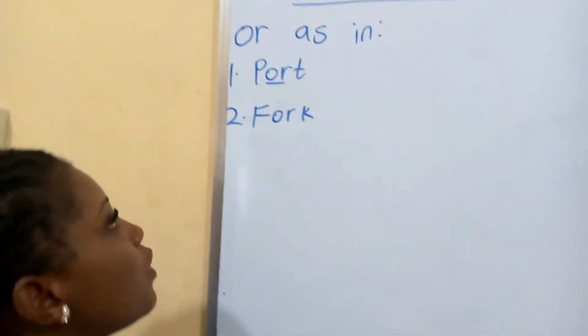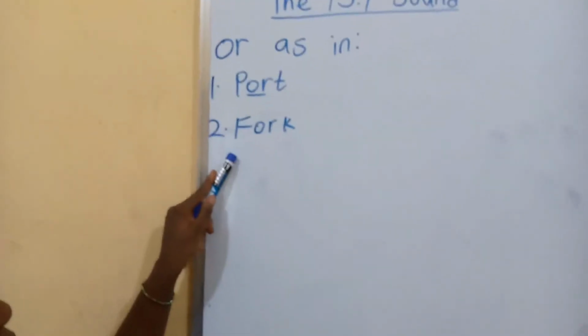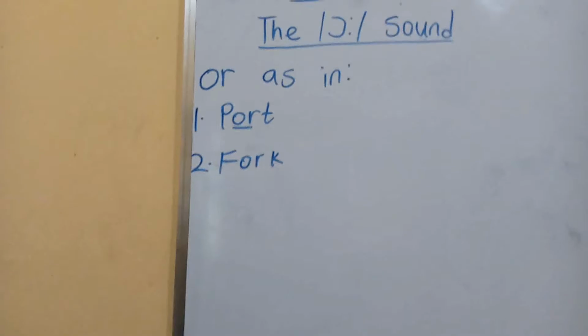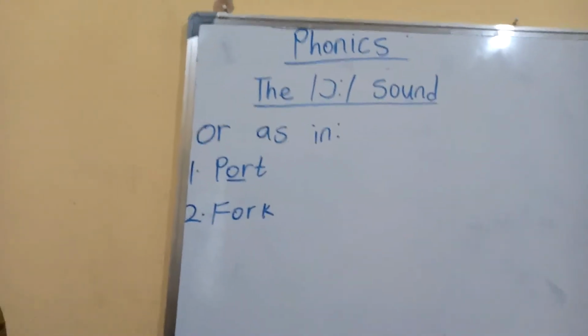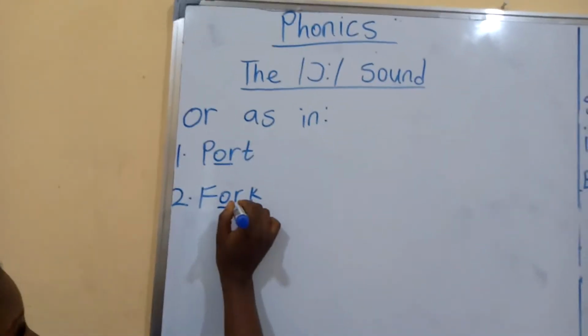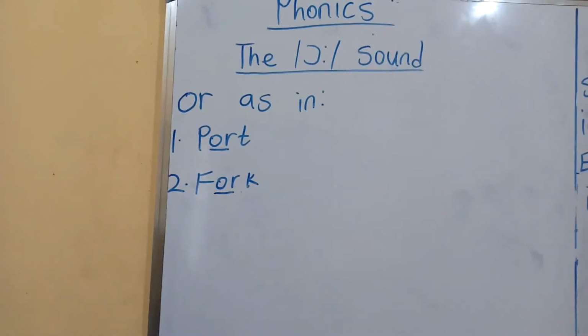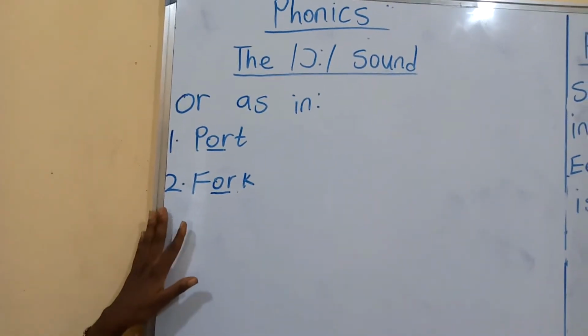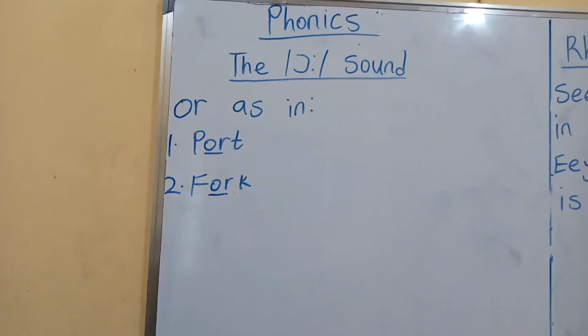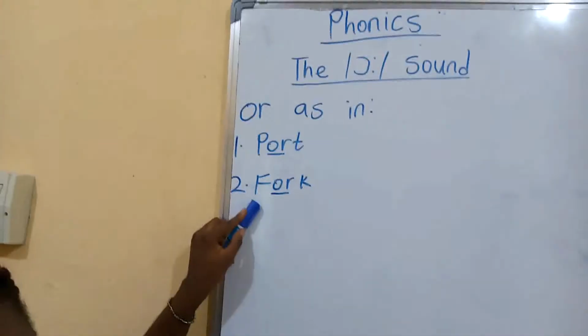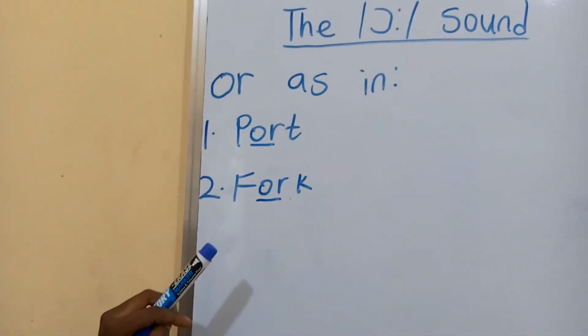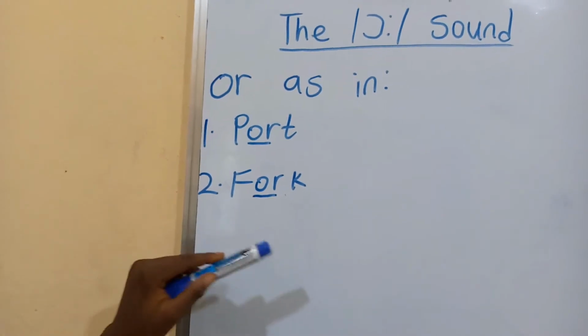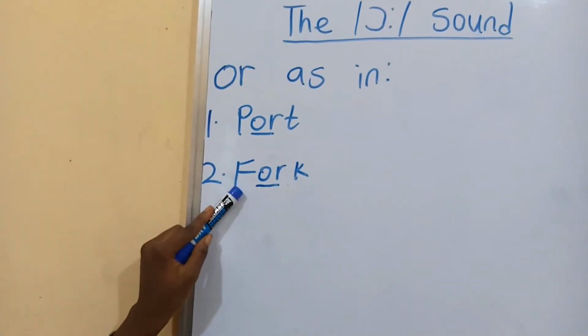Okay, now look at number 2. What do we have here? Okay, now did you see the R sound? Lovely. So now we are going to sound these words individually to get the words. Let's start from here.